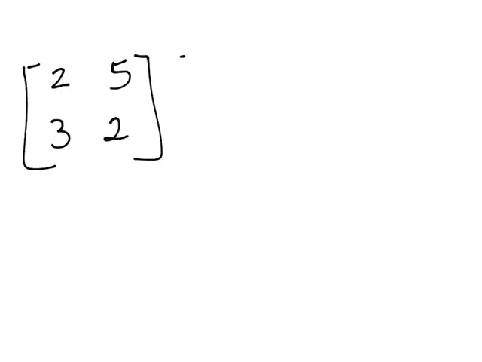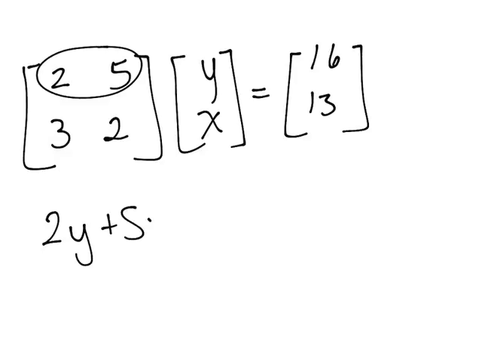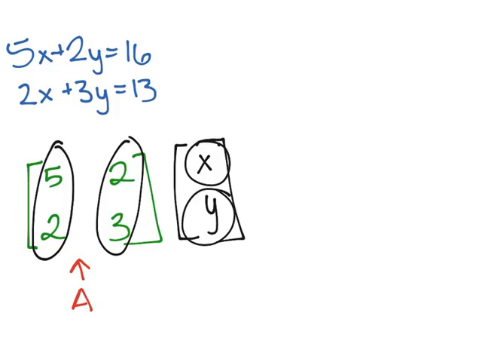Actually, we could have the matrix right here like this: 2, 3, 5, 2, and just flip y and x, and we actually get exactly the same thing, and that is equal to 16 and 13. And we would have 2y plus 5x is equal to 16, and 3y plus 2x is equal to 13, which is exactly the same thing we have here.